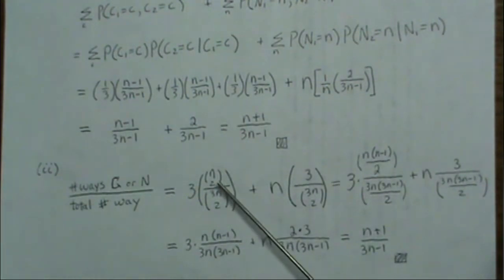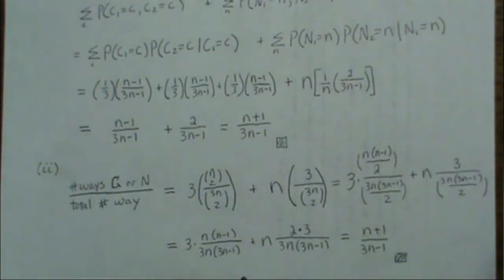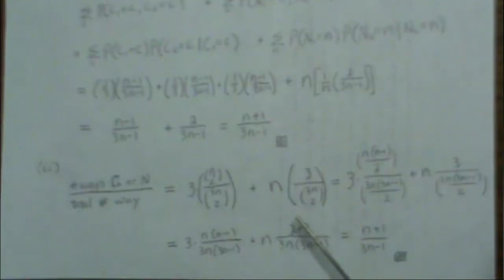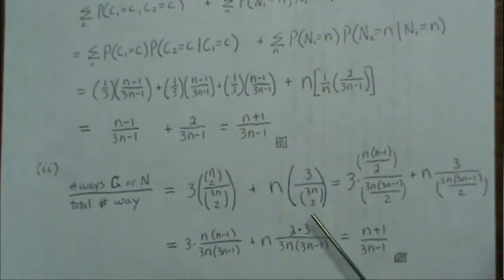Now, to pick 2 colors of the same kind. So for instance, the number of ways to pick 2 reds is n choose 2, but there's 3 colors, so it's 3 times that. And here, the number of ways that we can draw 2 numbers of the same kind.